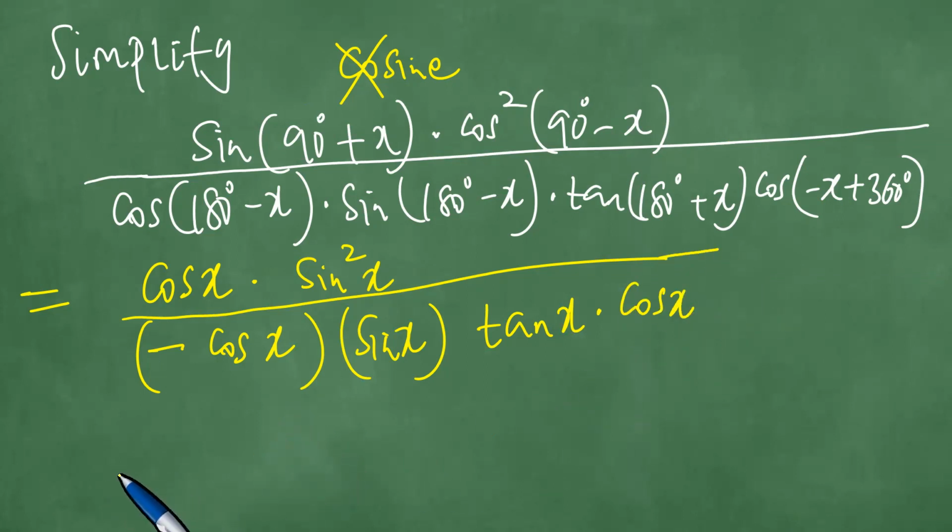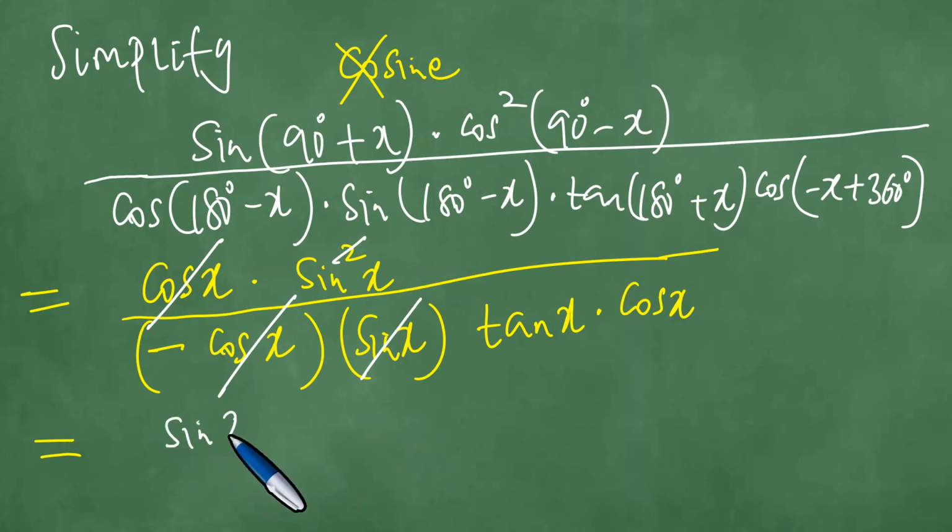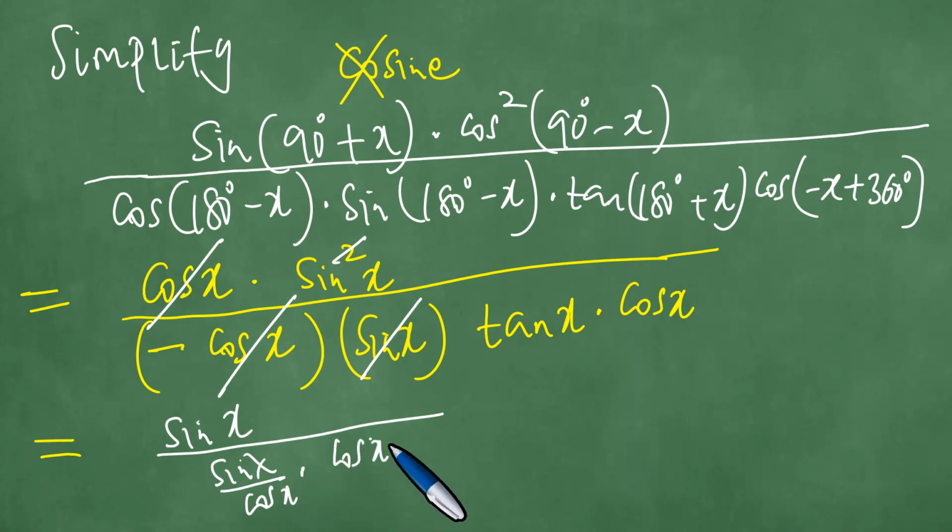Okay. What is all this? This one cancels this. Sine x cancels one of the sines in the numerator, leaving sine x in the numerator, and the denominator is going to have the tangent of x and cosine x, and the tangent of x is sine x over cosine x.